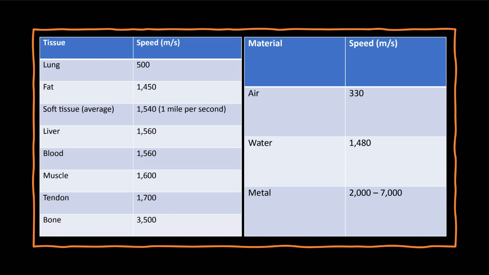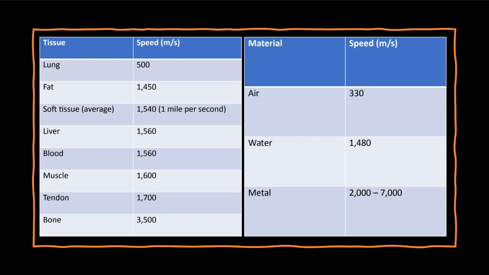There's no medium in the air, so it has nothing to travel through. So that sound wave is not going to really do anything. Metal is the opposite of that. It's bouncing off of that medium too often, too fast. So that propagation speed is going to be way too fast for us to get an actual picture of. You will see sometimes people will have metal implants in their body, and you're going to get that extreme dropout on your image.